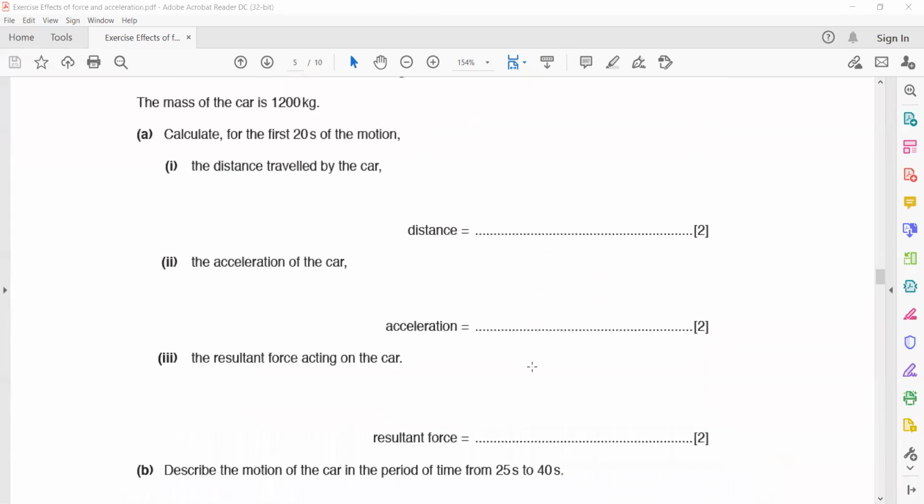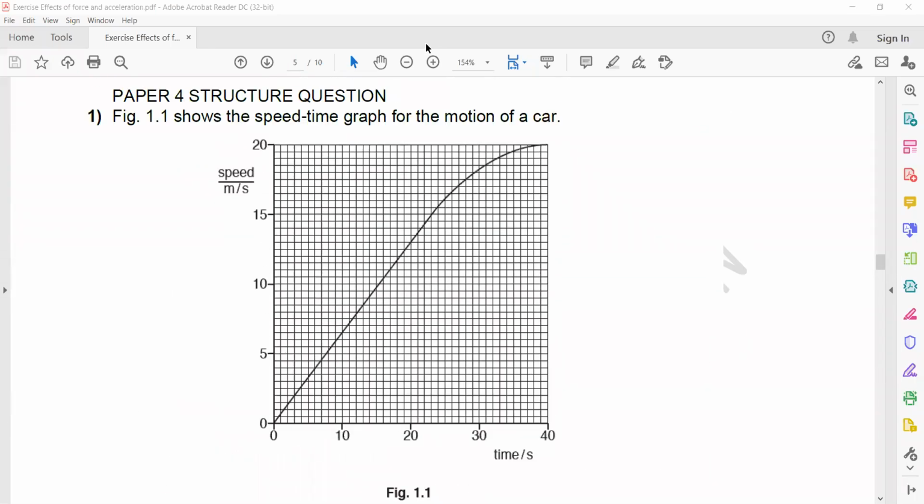of the car from 25 to 40 seconds. So what is happening from 25 to 40 seconds? How do we explain this motion? As we discussed earlier, its acceleration is decreasing. You cannot say deceleration. Deceleration means the speed should also decrease. So we'll use the term acceleration is decreasing.